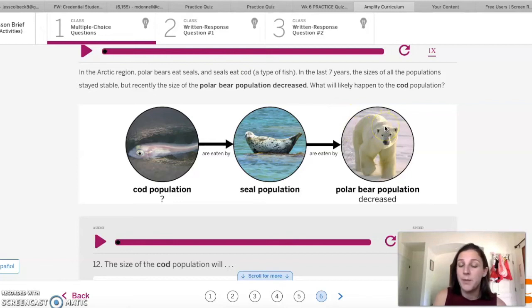If the polar bear population is decreasing, what does that mean for the number of births and deaths? A decrease in population means that there are fewer births than deaths, right? Are you with me? So if there are fewer births than deaths in the polar bear population, it's going down. Now, if this population goes down, the consumer population for seals, right?